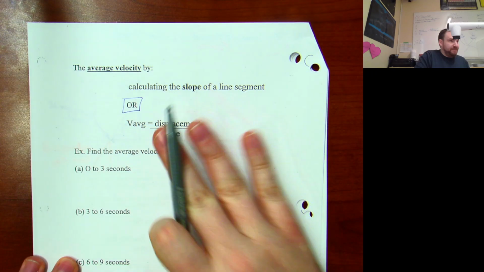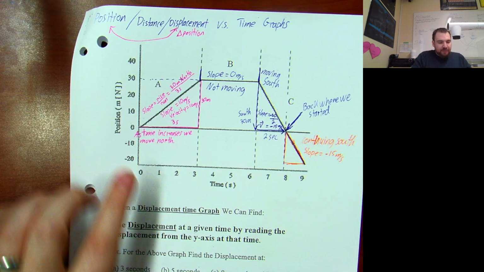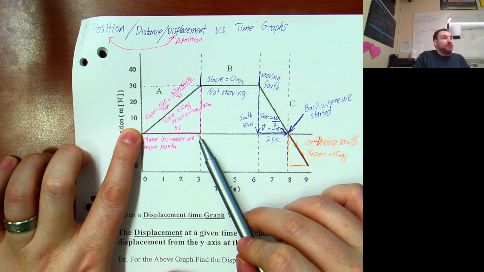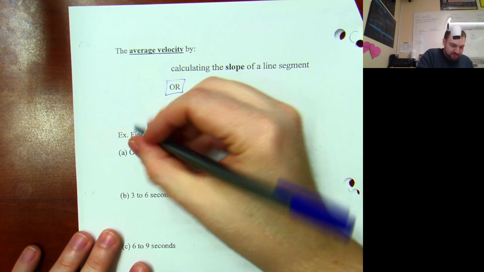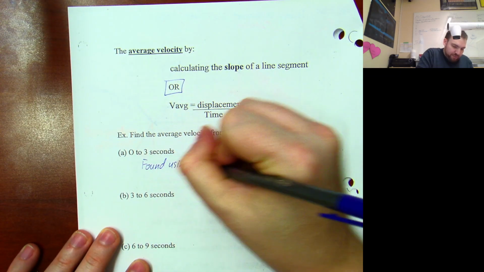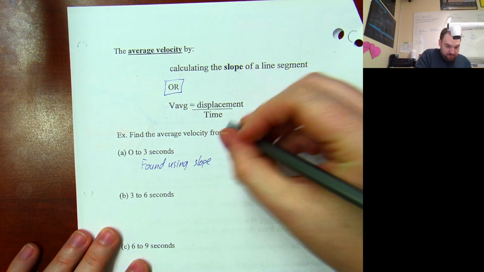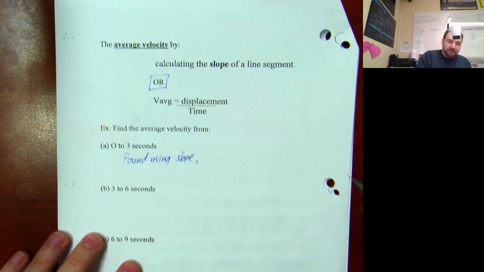You stay on this slide, I'm going to flip back and forth. 0 to 3 we've already done. We found it using slope, and the velocity was 10 meters per second.